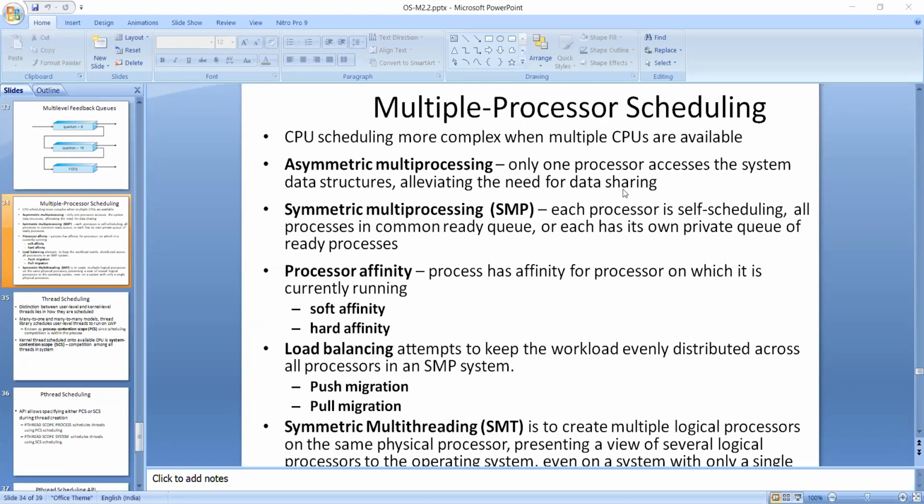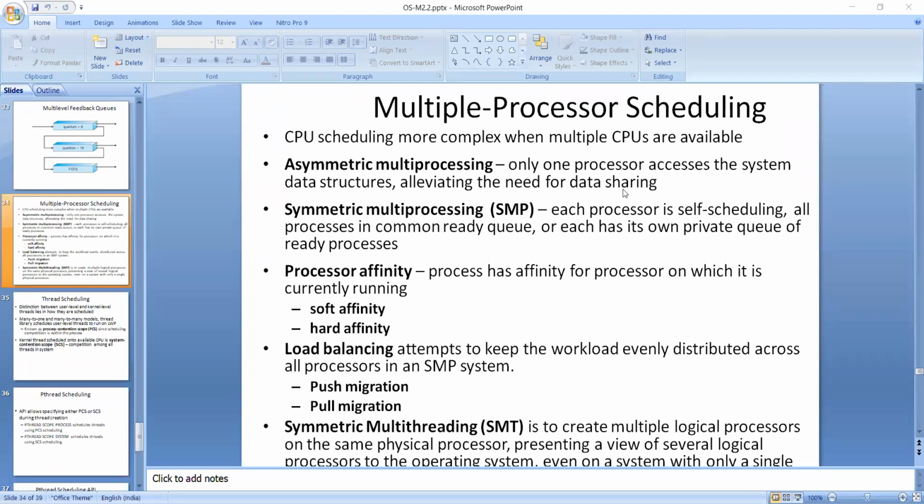One server holds all the scheduling decisions, IO processing and other system activities, and the other processors execute only the user code. In multi-processor systems, one processor acts as a master, holding all the scheduling decisions, IO processing and other system activities, and the remaining processors execute only the user code.